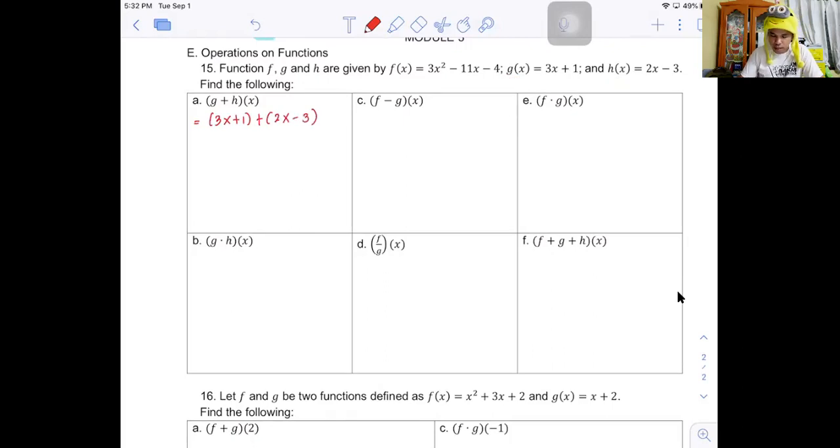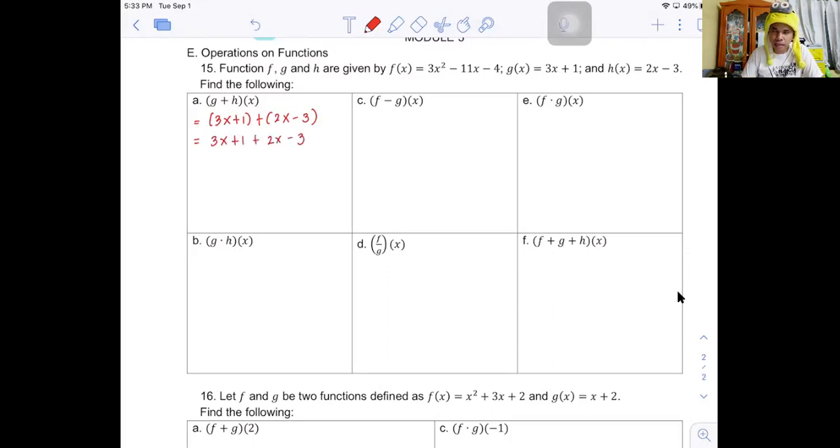If you have noticed, I enclosed it with parentheses to emphasize that each one is a function. And then plus. And since there is no negative outside, we can safely remove the parentheses or the grouping symbol. So what happens next is 3x plus 1 plus 2x minus 3.